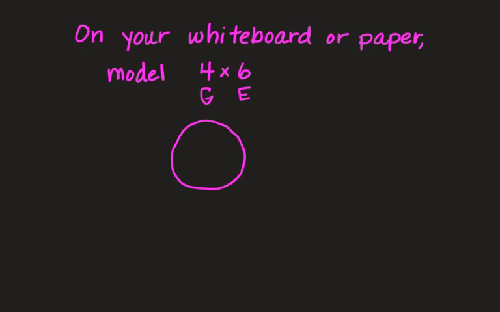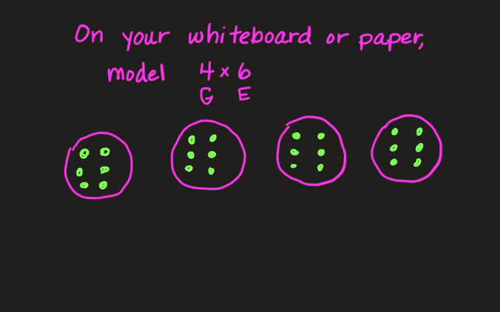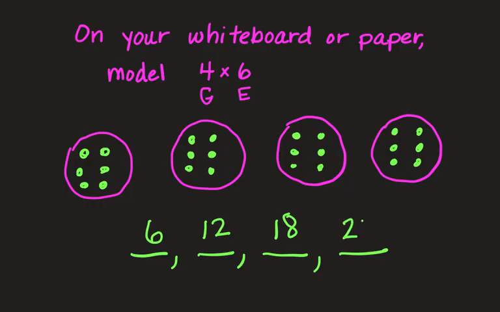Pause and do that now. Okay, so now we have 4 groups of 6. So in this case, we would do skip counting by 6s, which is not something we have learned yet. But if we did that, it would be 6, 12, 18, 24. So 4 times 6 equals 24.